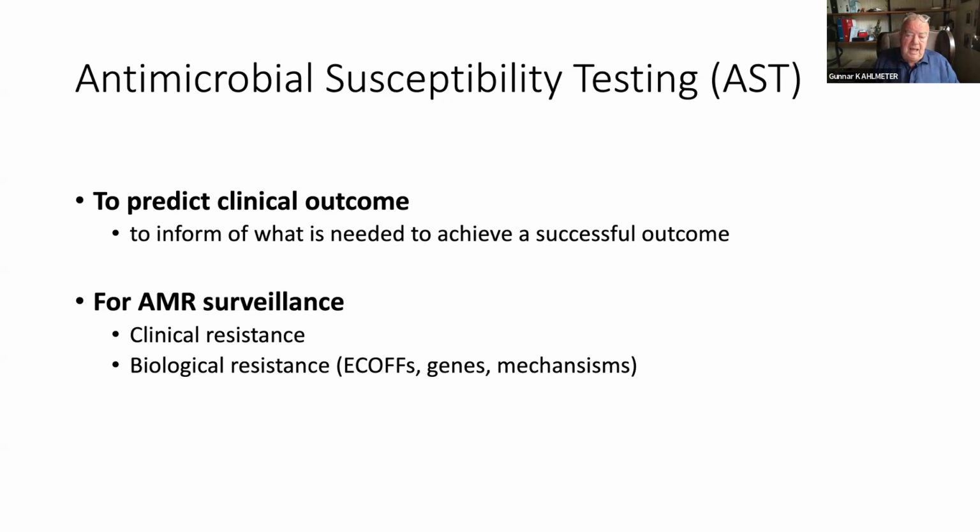It would have made life easier, and comparability over time would have been guaranteed. But with the changes in clinical breakpoints, both within CLSI and FDA and EUCAST, it makes it very difficult to compare resistance development over time when breakpoints change over time.